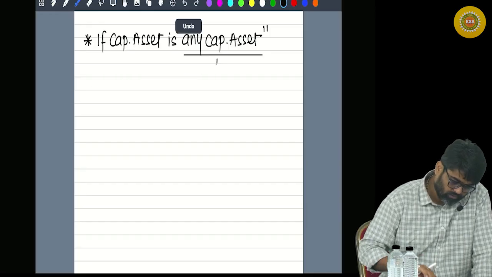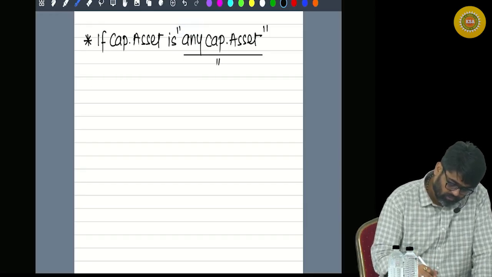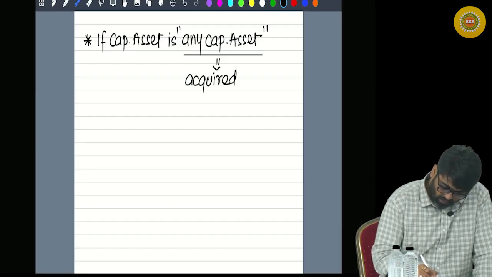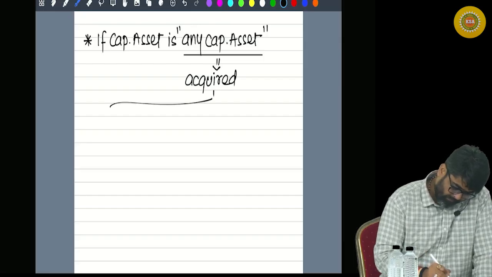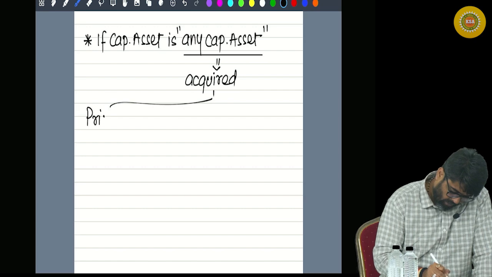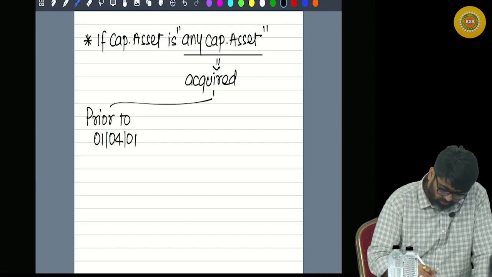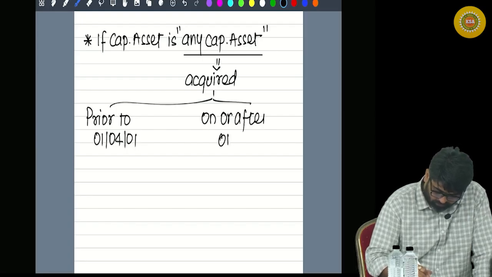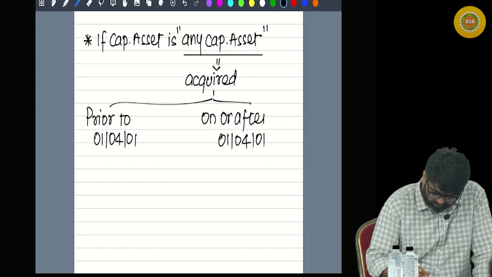which was acquired prior to 1st April 2001, or it can be acquired on or after 1st April 2001.